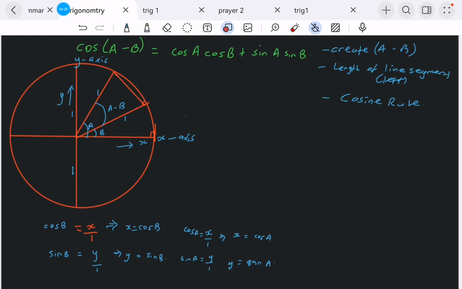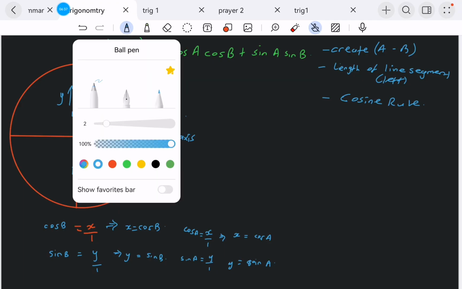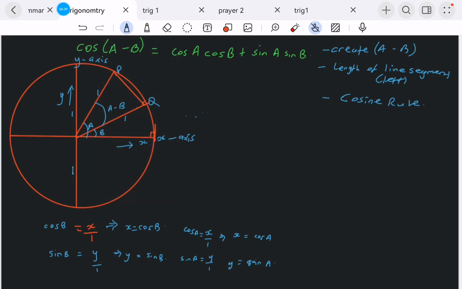Now how do we know what we want? This is the length, this is the segment, which we are going to put, and let's name it PQ, okay? Now this segment has 2 points, okay? This is x1, y1, and here we have x2, y2, okay?